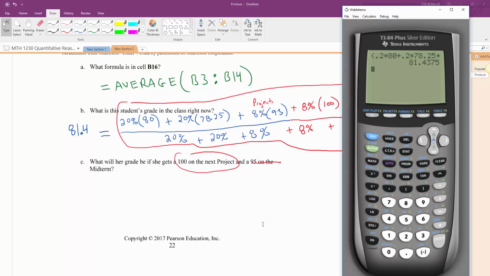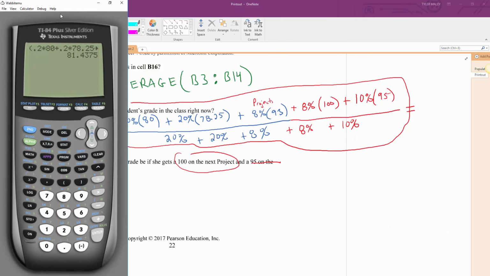So if we open up a calculator, we take, open up parentheses, 0.2 times 80 plus 0.2 times 78.25 plus 0.08 times 93 plus 0.08 times 100 plus 0.1 times 95.